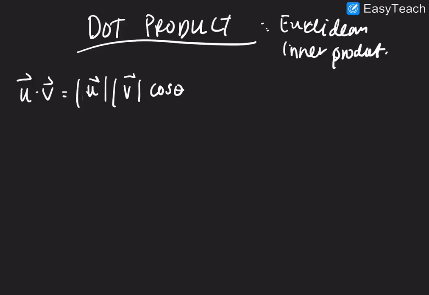You could also see it in terms of this. U dot V is equal to U1 V1, you're multiplying each of the components and then adding them all together, plus U2 V2, plus U3 V3.